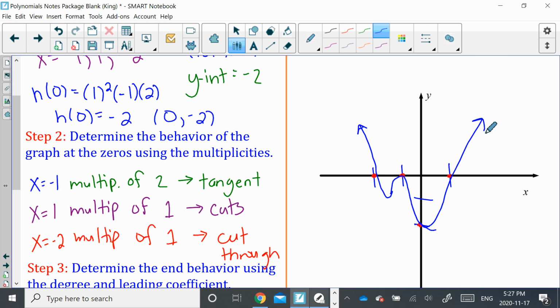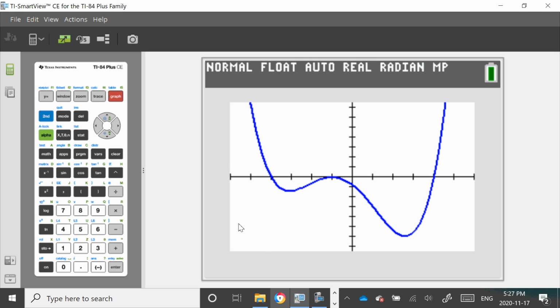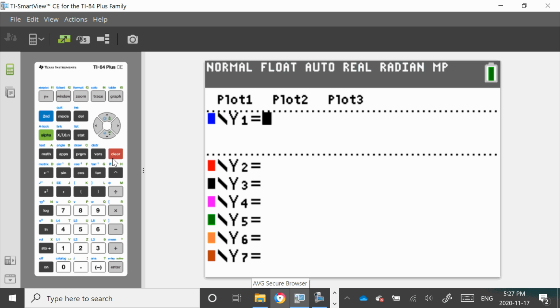What you could do to verify this is graph this on our calculators. So on our calculators, let's type in that polynomial function. It was x plus 1 squared, and then x minus 1 was the second factor.